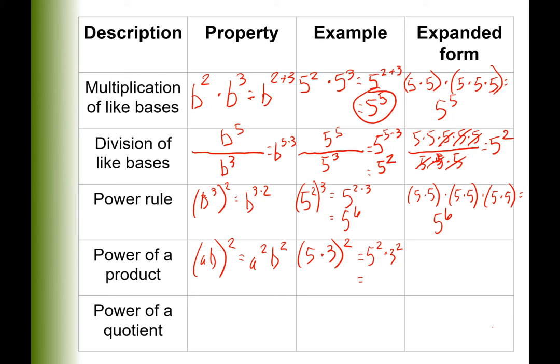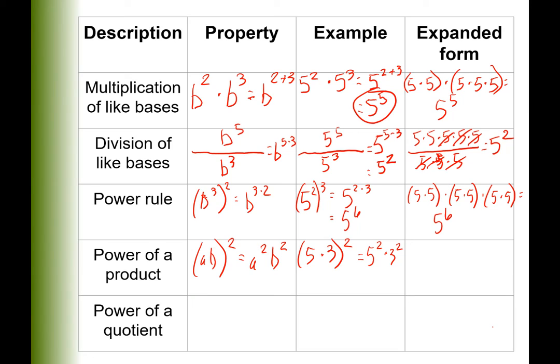Which results in some really big number, like 25 times 9, whatever that is. Here's why this is. If you recall from power rule, we had 5 squared to the 3rd power. We had 3 sets of 5 squared, or 3 sets of 5 times 5.